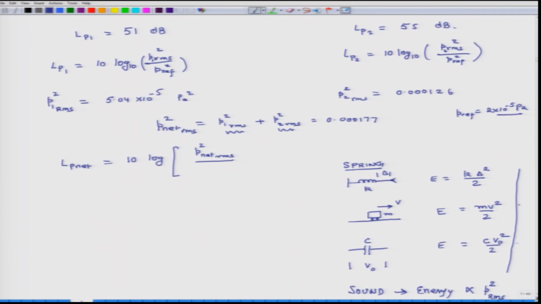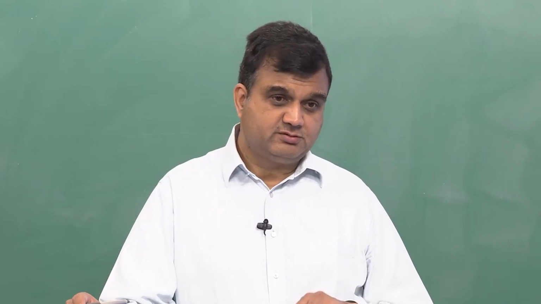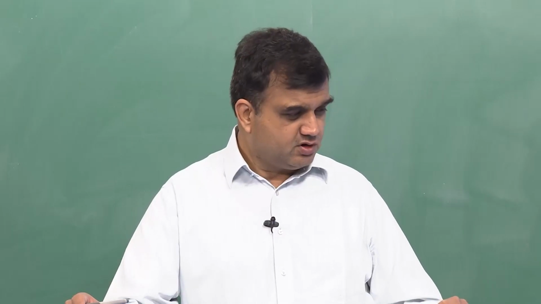So, this is 2 into 10 to the power of minus 5, squared. If you do the math, you get the same number, 56.455 dB. So, the point is that whether you add up decibels for uncorrelated sources using the pressure formula or the wattage formula, you will end up with the same number. This is important to understand.